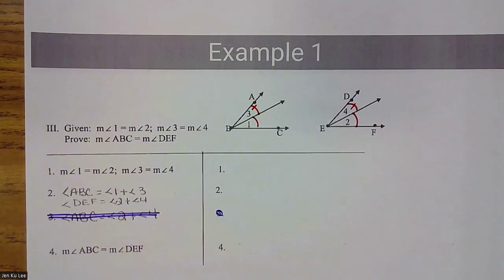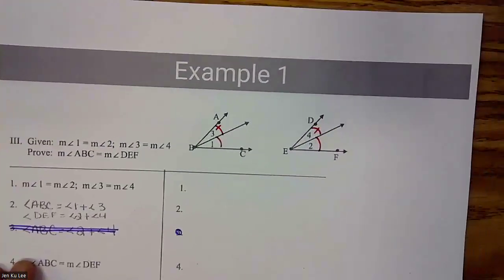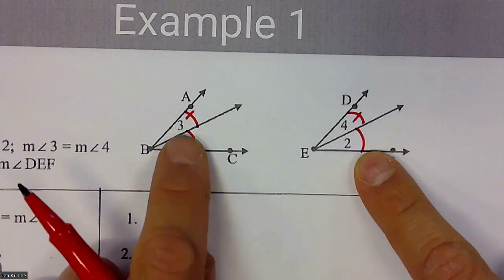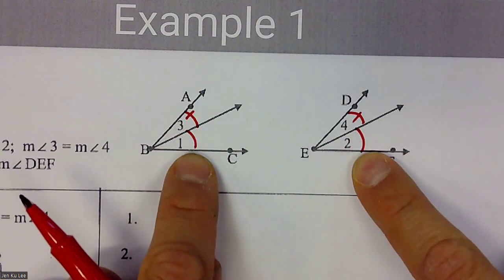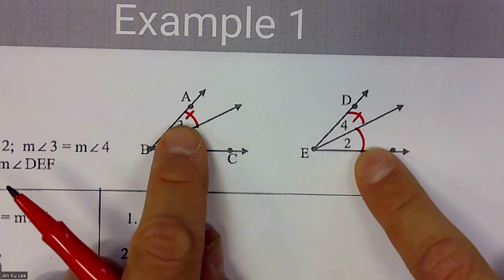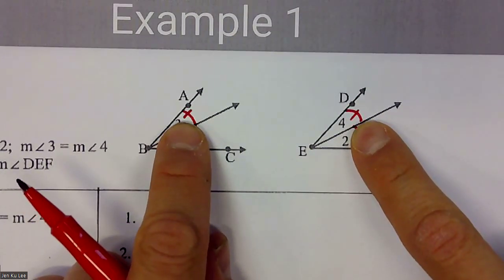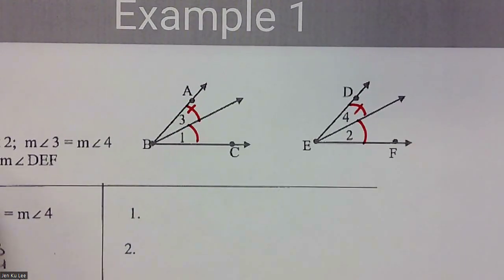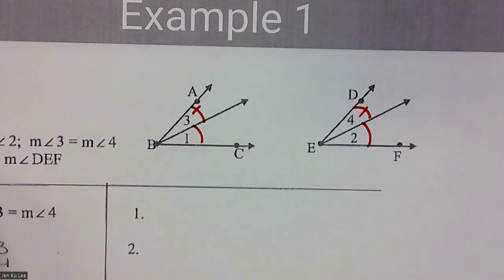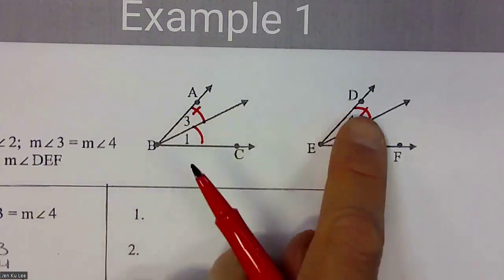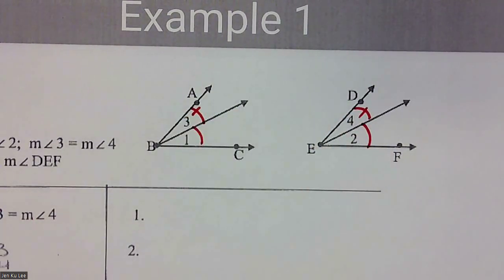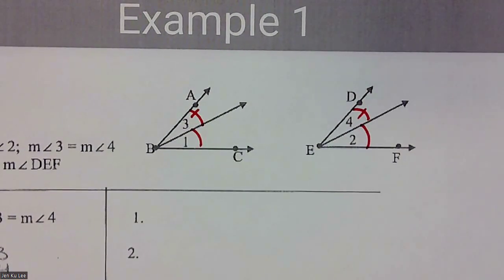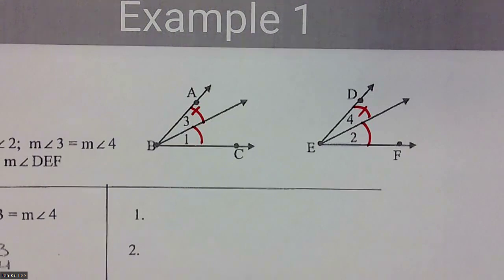Notice when I do draw it out, angle 1 and angle 2 have no tick marks, just the angle representation, so they're equal to each other. And angle 3 and angle 4 have one tick mark, so they're equal to each other. If they have the same markings, then they're equal to each other.